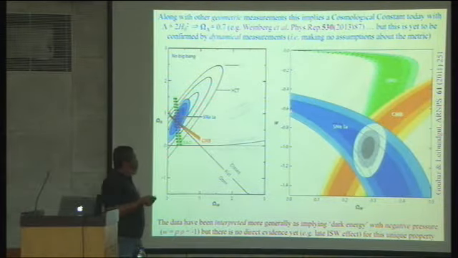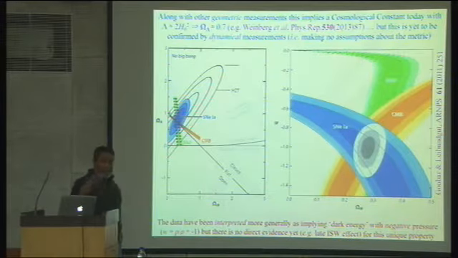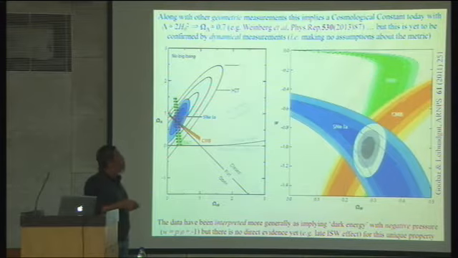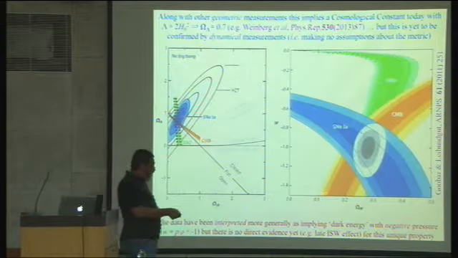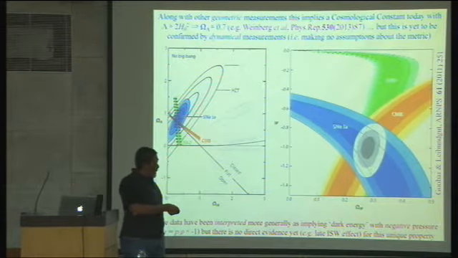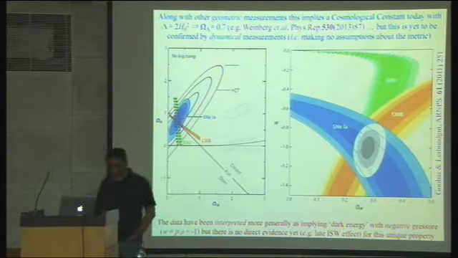The ratio of the pressure to the energy density defines the equation of state. It would be -1 for a cosmological constant, and the statement is that all this data is consistent with w being -1, although the observers allow w to vary to some arbitrary value, including values more negative than -1, which can be quite unphysical.